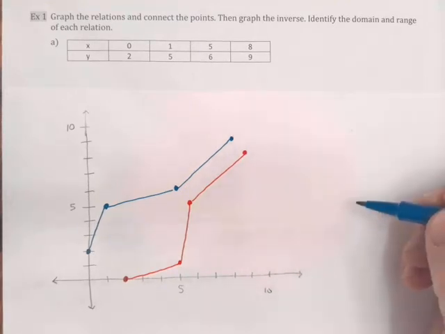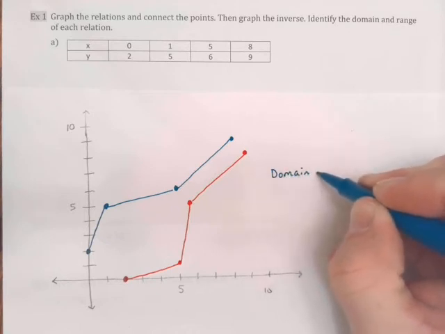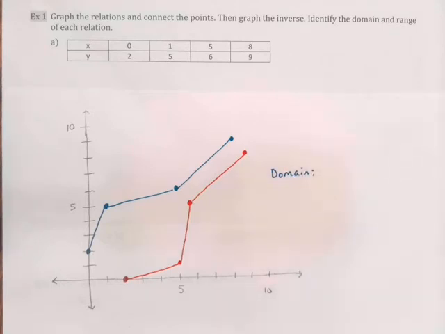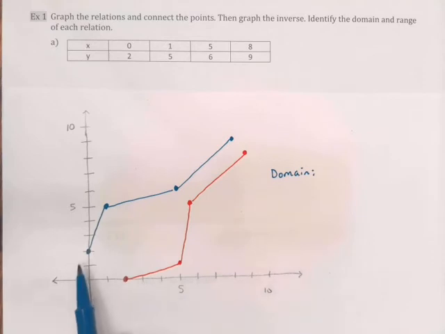The domain of the original: domain are our x values. So if you look at the graph, how far to the left and to the right this graph goes will give us the domain. Our x-axis goes left and right, so the domain basically tells us how far right and left our graph goes.